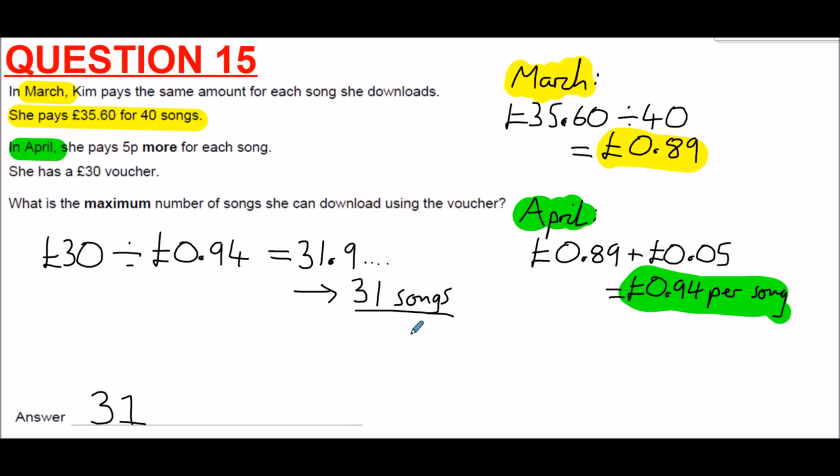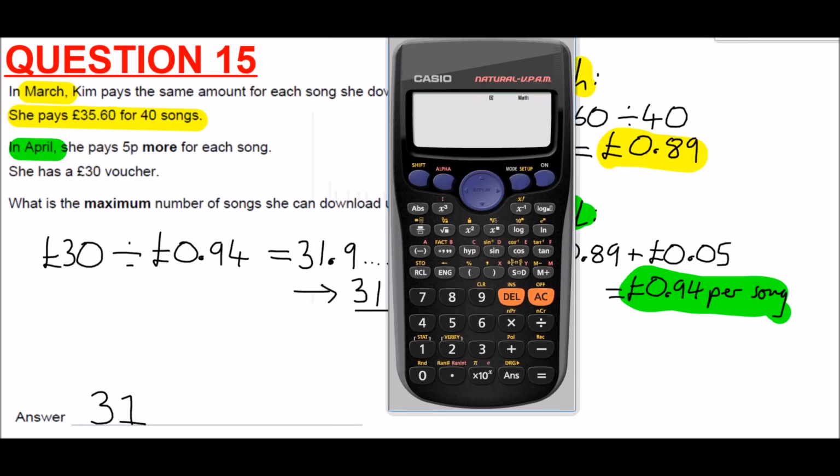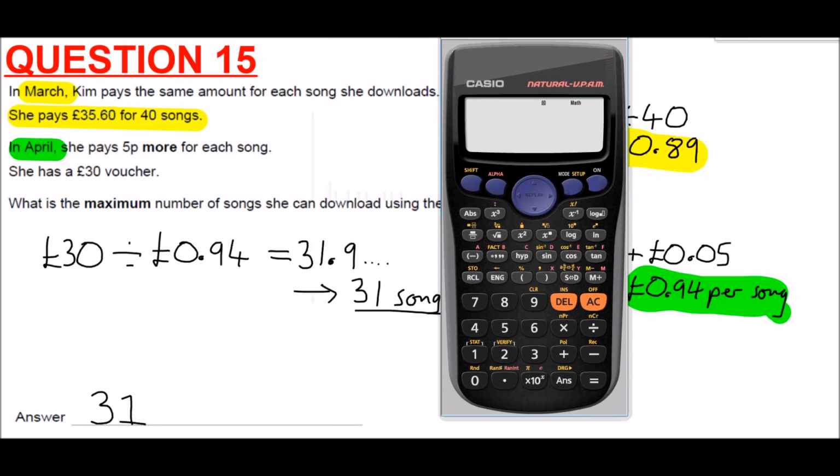I was going to mention, if you weren't sure that it was a divide, if you could get to this stage and find it was 94 pence per song, you could just do a trial and error. I'm not recommending this unless you really aren't sure what you're doing, but just in case, you could try 94 pence multiplied by different values. So 25 songs would be 94p times 25. Can she afford that? Yeah, that's only £23.50.